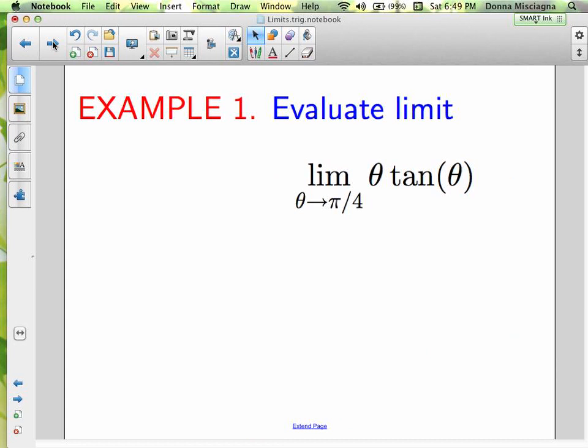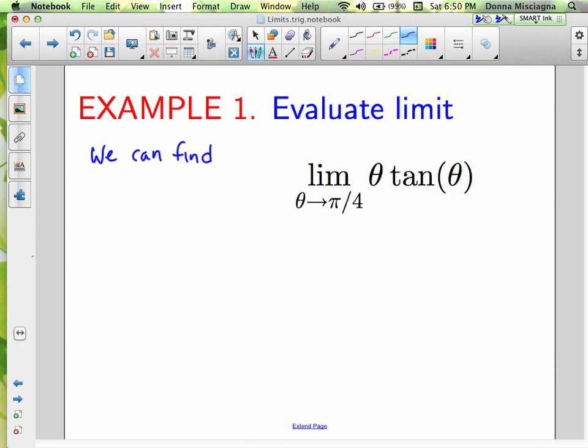So let's find this one. Here's one we could find for pi fourths. All right, so we have the limit of theta times tangent theta as theta approaches pi fourths. This is one where we can use substitution. So we can find this limit using substitution.